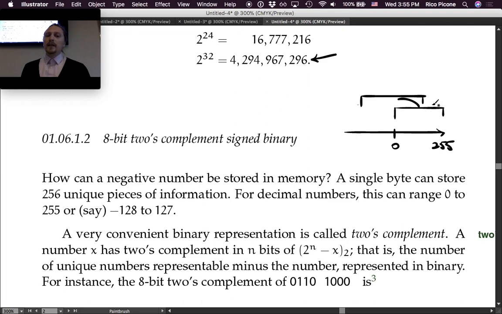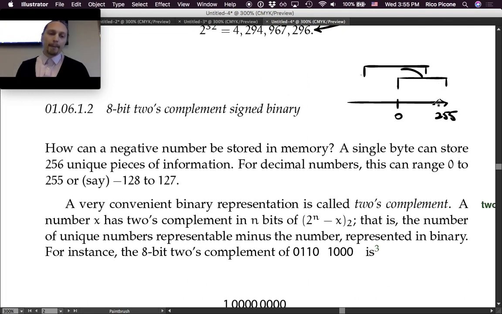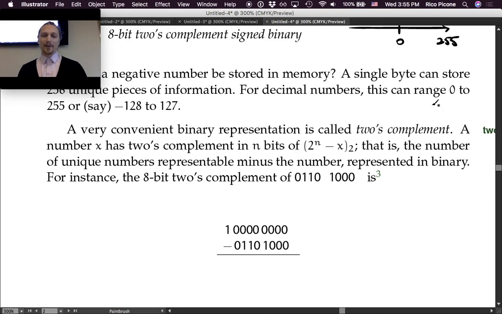A very convenient binary representation is called 2's complement. A number x has 2's complement in n bits of 2 to the n minus x, represented in base 2. That is the number of unique numbers representable minus the number represented in binary, which is a little hard to parse, which is once again why we do an example.